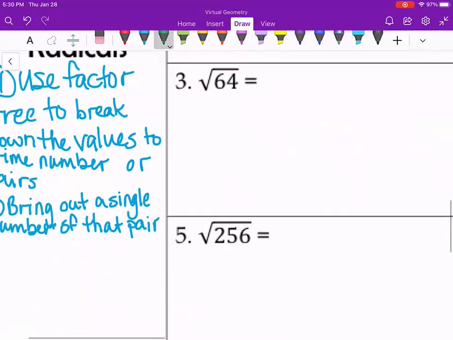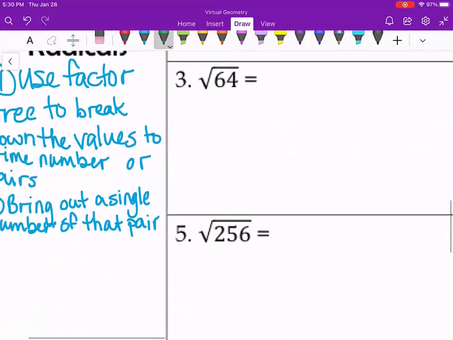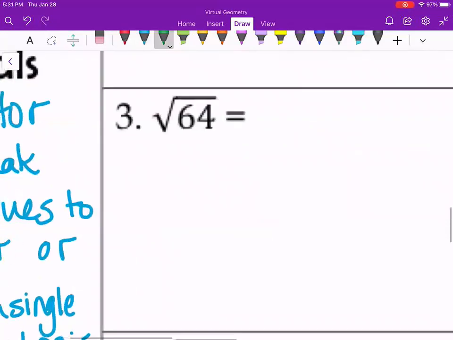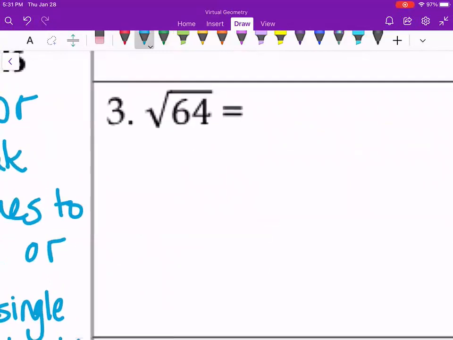Now, let's try some more. Now we're looking at the square root of 64. One thing I know, yes, we can do 8 times 8, and there's my pair. But what if you don't recognize that immediately? I do know that I can do 2 times 32, and I get 64.